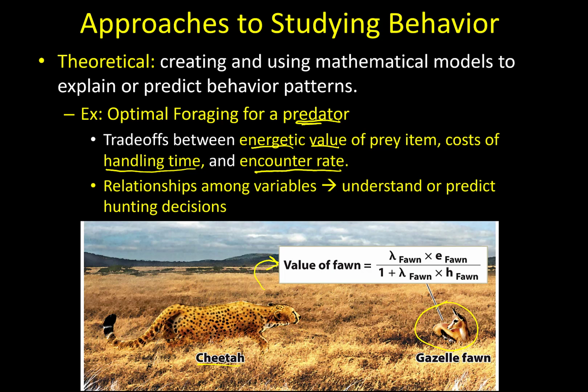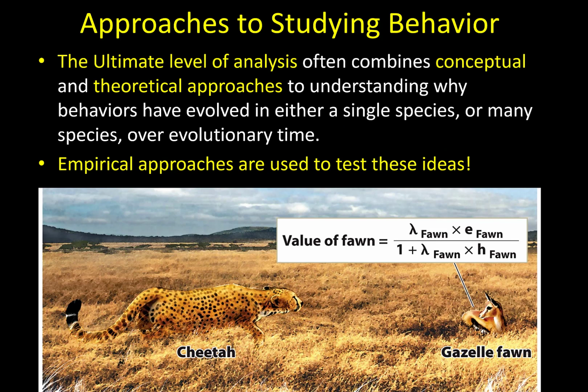Now, we're not going to go through the details, but I just want you to see an example of how mathematical formulas can be used to analyze the behavior of an animal and potentially predict it.